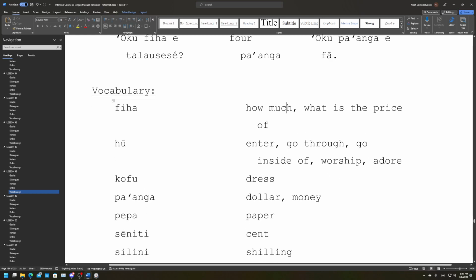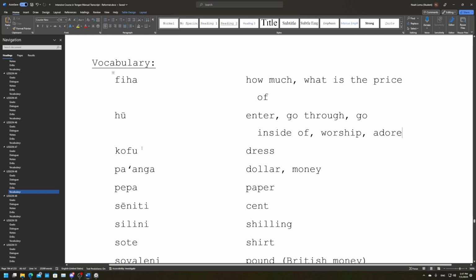The last two, worship and adore, I saw in scriptures, as you would expect for worship. It's kind of figurative, to mean worship or adore. If you see that in this context, remember that.